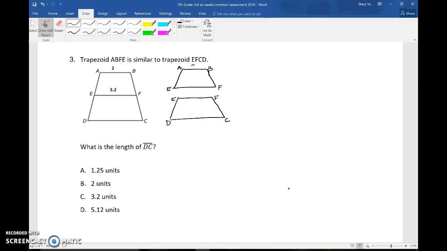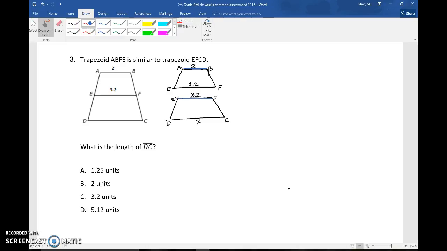And I know that this dimension is 2, and the bottom here is 3.2, but the top is the same piece, so that's 3.2 as well. And it says, what is the length of DC? So knowing that, now that it's separated, it's a little easier for me to see. So I see the top here is 2, top here is 3.2. So those are corresponding sides.